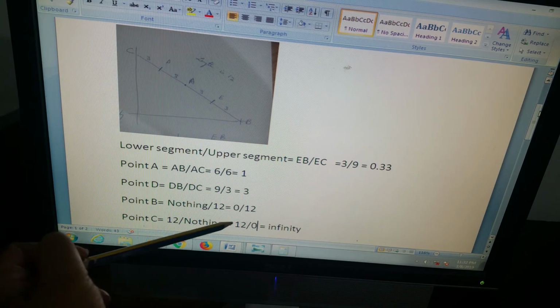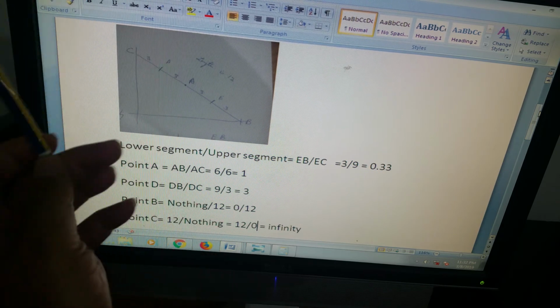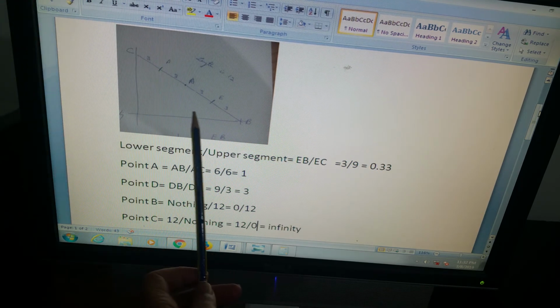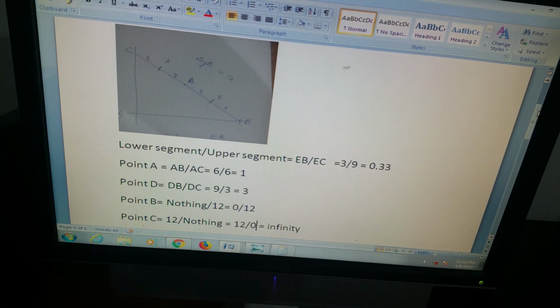The whole length is 12. If you divide 0 by anything, your answer is 0. So the rule is that along the x-axis, elasticity will always be 0. There will be no response to any change in price.